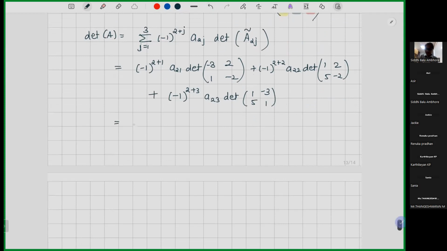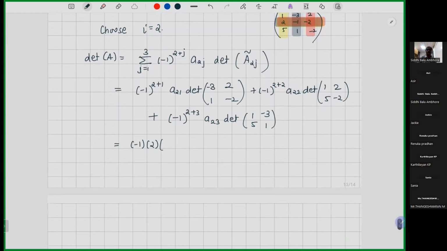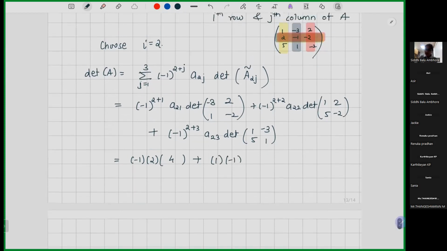Clearly it is minus 1 power 3, which is minus 1, a_21 is 2, into the determinant of this, which is minus 6 minus 2, so minus 4. Then minus 1 power 2 plus 2 is 1, a_22 is minus 1, and the determinant of this matrix is minus 2 minus 10, so minus 12.